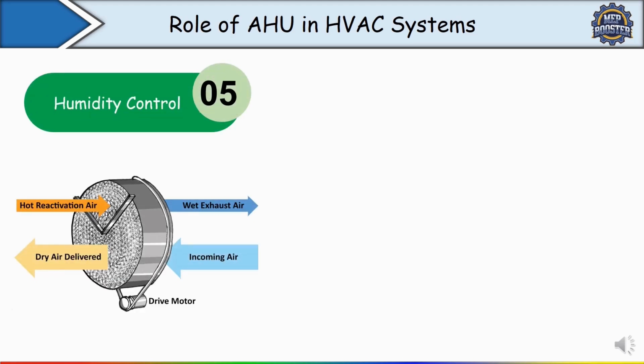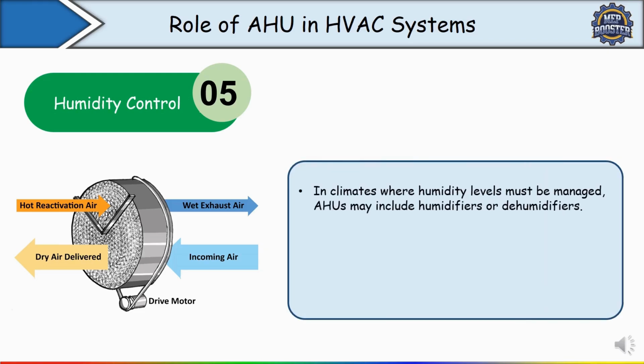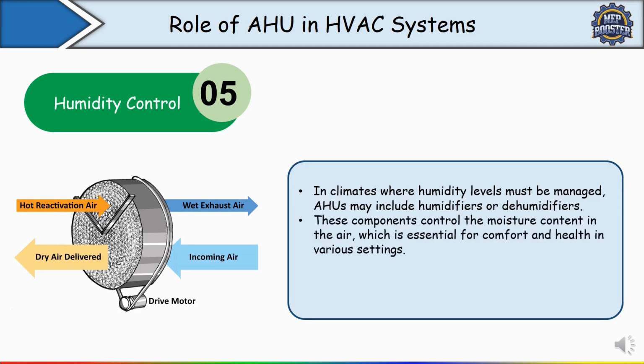Now the next is the humidity control. Here, in climates where humidity levels must be managed, AHUs may include humidifiers or dehumidifiers. This component generally controls the moisture content in the air, which is essential for comfort and health in various settings.